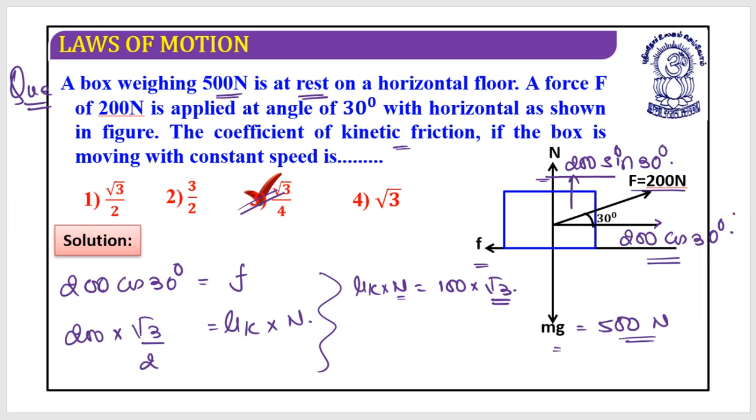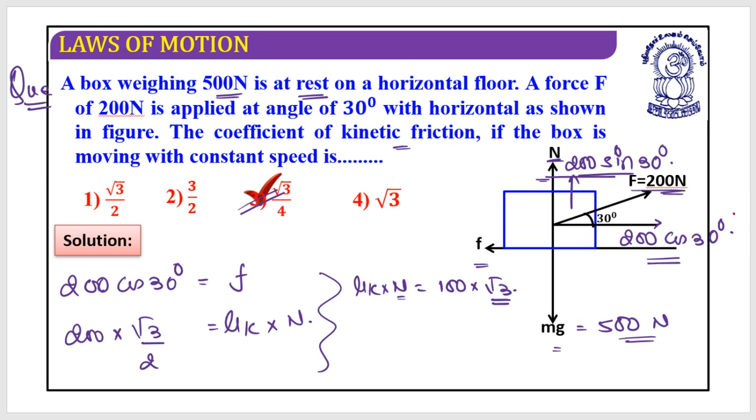Yes, very good question. There are chances that we are going to forget this 200 sin 30 while calculating the N. That's why this kind of question is asked, with a certain angle with the horizontal, or even with a certain angle with the vertical.